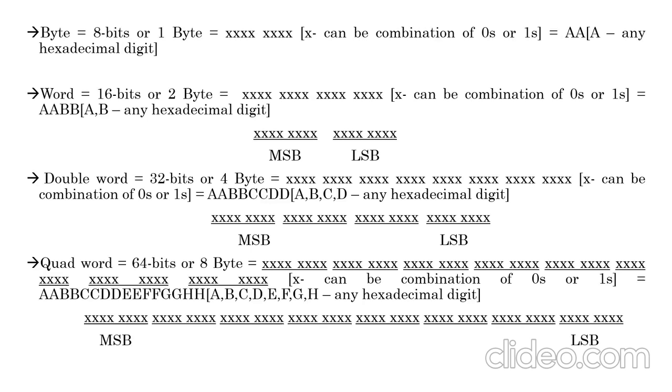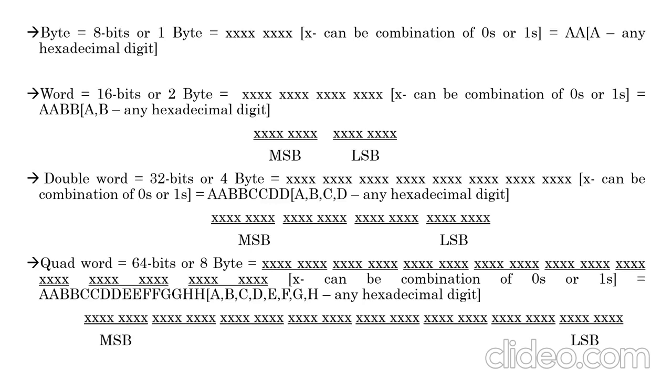So 2-byte data can be viewed as a combination of two 8-bit data, or as a combination of 4 hexadecimal digits, AABB. Here A and B can be any hexadecimal digits varying from 0 to F.